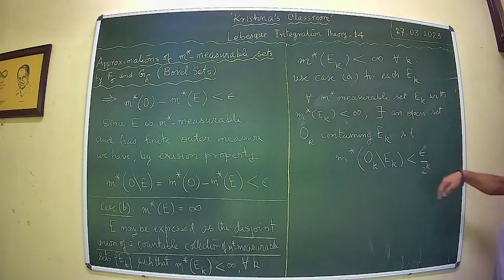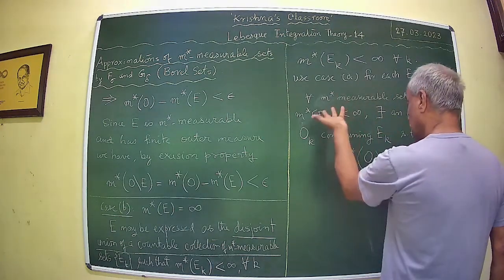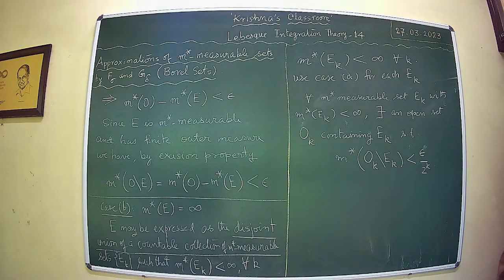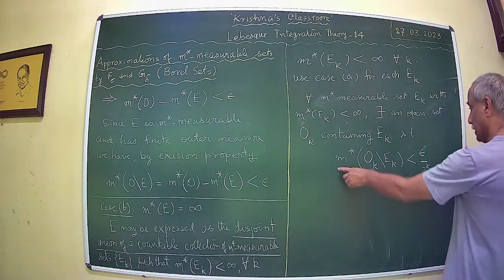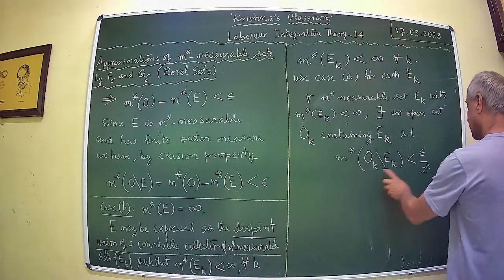What you do is fix epsilon, take epsilon by 2 to the power k, and then use the fact that M star of E_k is finite and E_k is measurable, and therefore there exists an open set O_k such that this is true.